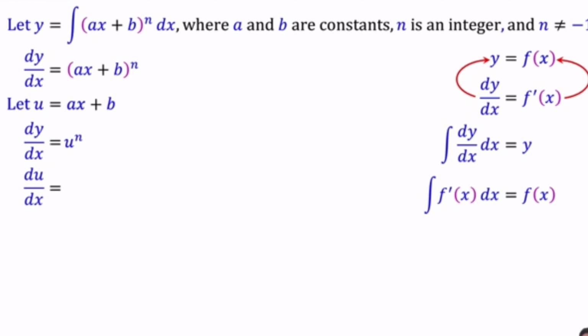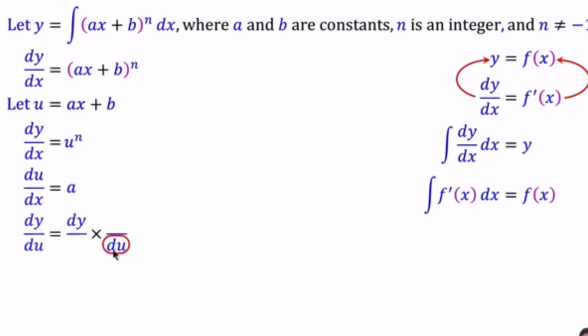So we differentiate du/dx and we will get a. If you have three variables, you have to use the chain rule. So dy/du is actually dy over something times the something over du, and the something should be dx.